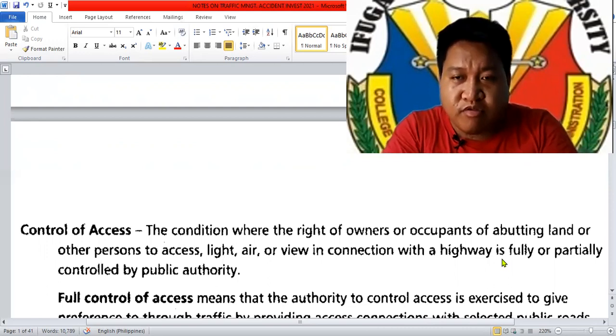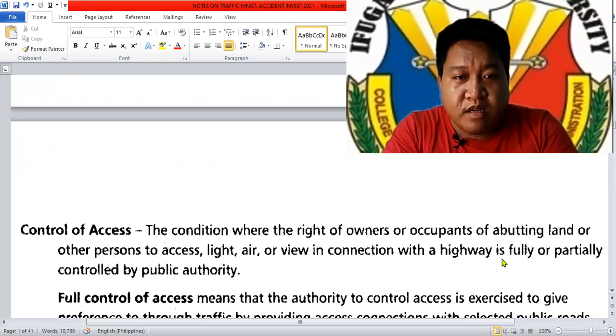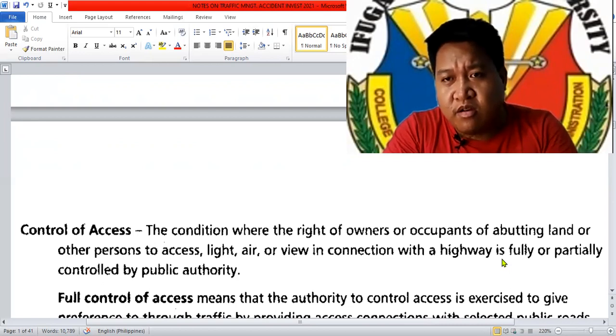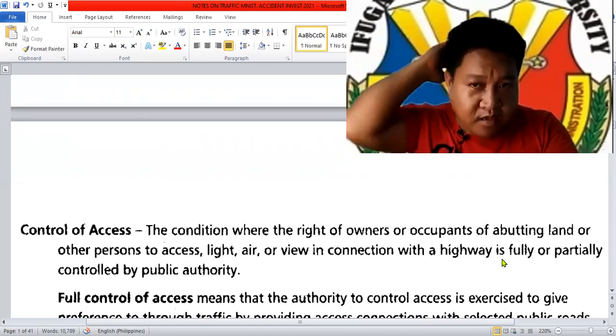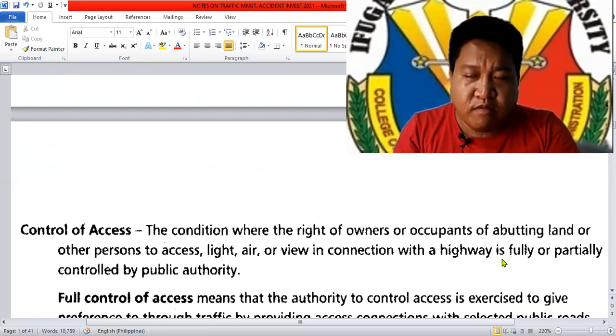So hindi pwedeng kung sino lang ang mag-access doon or gumamit sa roadway na yan, no? But remember this is still part of the control of the government or the public authority. For example, sa isang municipality, there is a roadway going to the subdivision.